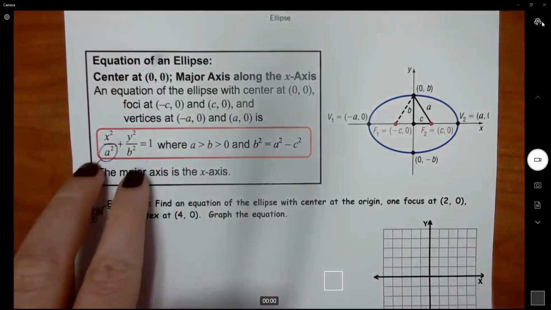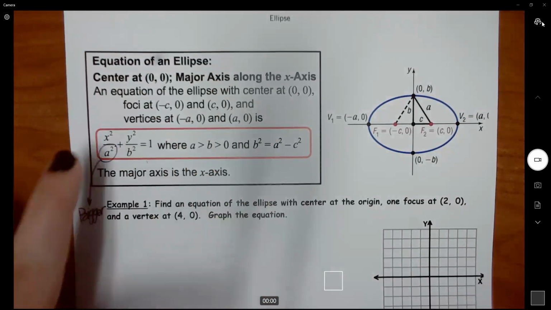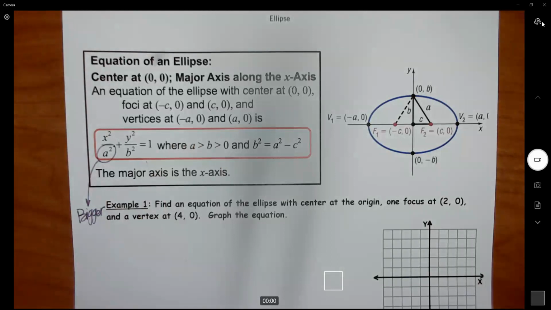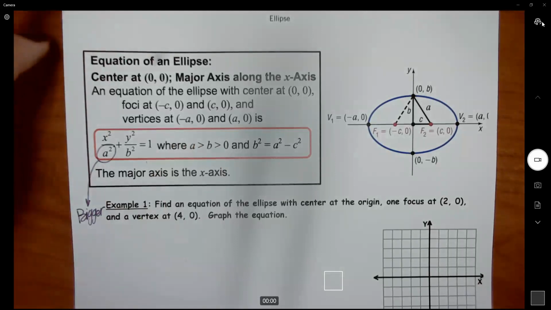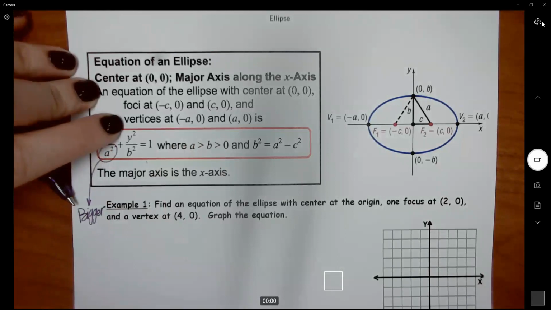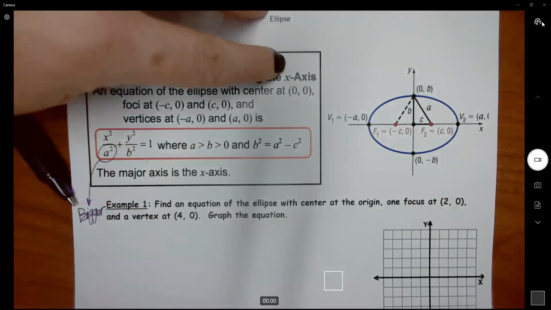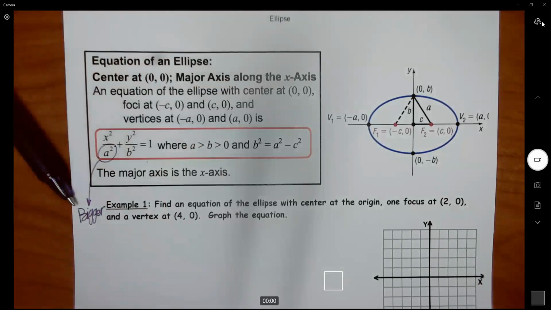So these are both going to be positive, and I know where a is because a is going to be bigger than b. So when you have x squared over the bigger number plus y squared over a smaller number, we know that the major axis is along the x-axis.